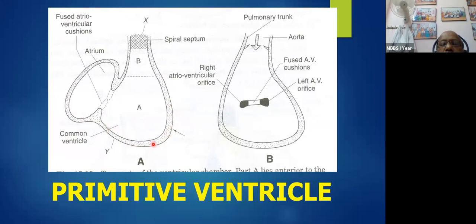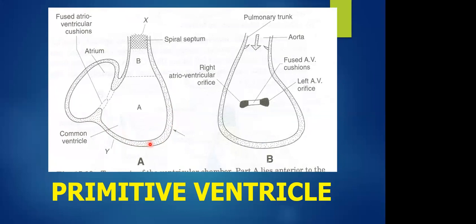That is the difference between the development of the interventricular septum and the interatrial septum. In the interatrial septum, I kept insisting that the septum primum as well as the septum secundum both originate from the roof of the common atrial chamber.